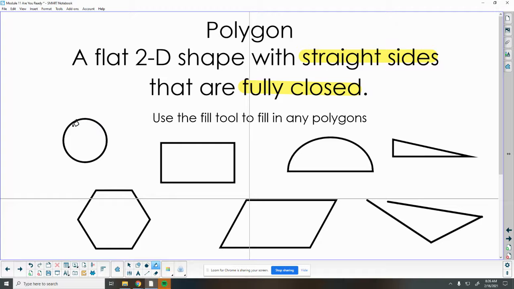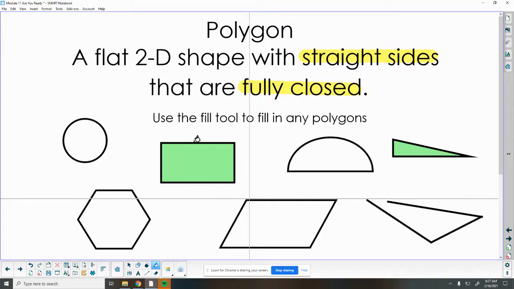So what is making this shape not a polygon? Well, it's not straight. It is fully closed, but it does not have straight sides. Here we have a polygon, straight sides, closed in. This one has this arch here, so it's not straight. Straight sides, closed in.